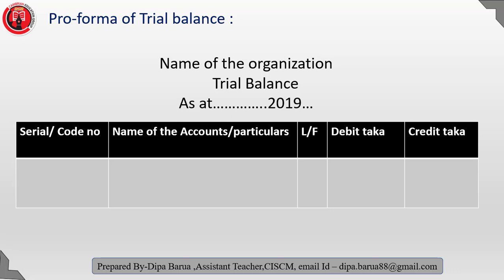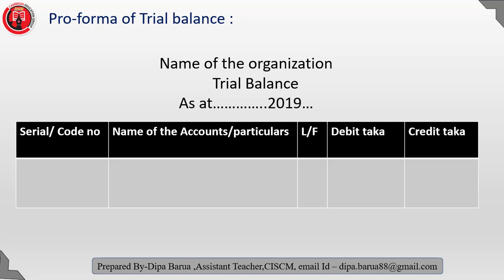If there is any code number of accounts, then the code number is put here, and then name of the accounts and particulars. The full names of ledger accounts whose serial numbers have been written in the first column are put in this column, such as capital, furniture, cash, etc. And then ledger folio, the page of the ledger where the balances of the concerned accounts are shown, is written in this column.